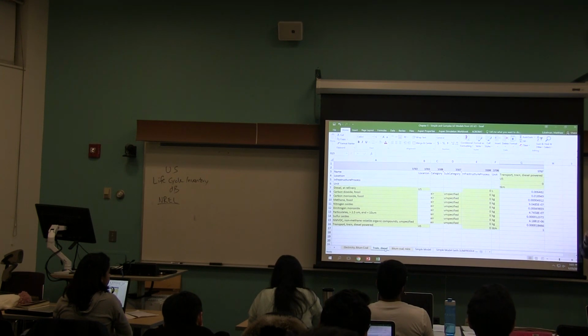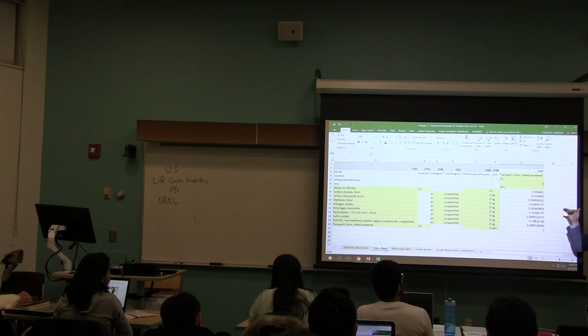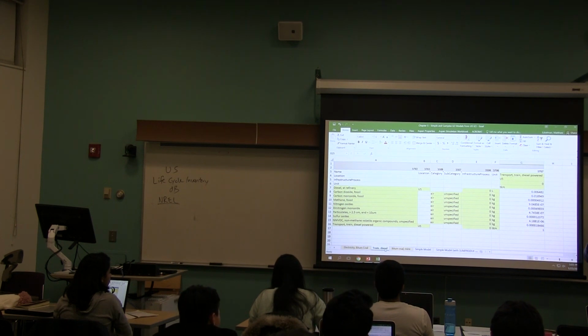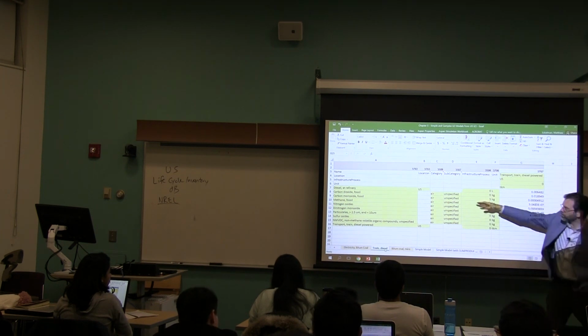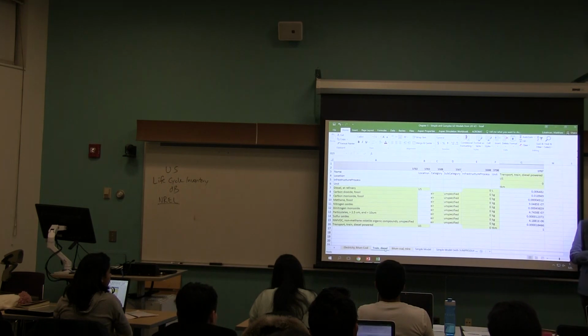Okay? Some are environmental flows, some are economic flows. All right, so I asked the question earlier, which one of these is an economic flow that we didn't have in our simple 3-process model? Of this list, 8 of them.